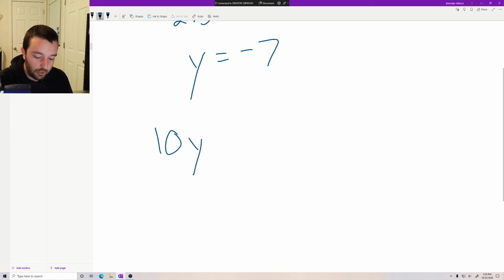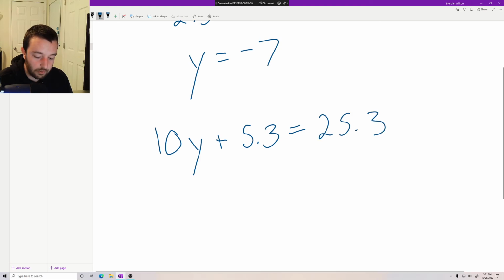Say we have 10y plus 5.3 equals 25.3. We just want to get this part by itself. So first we should subtract the 5.3 on both sides.